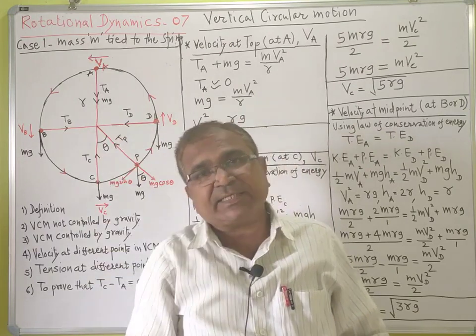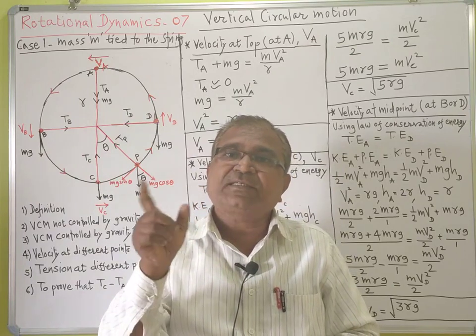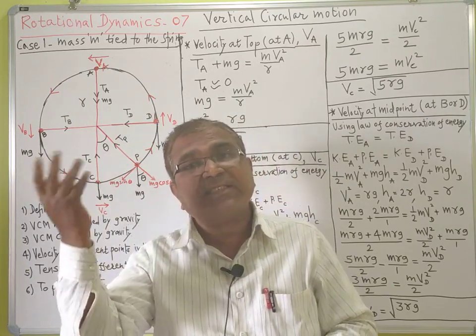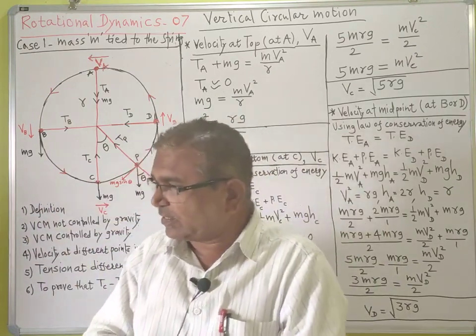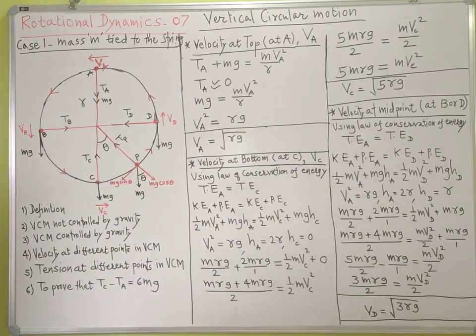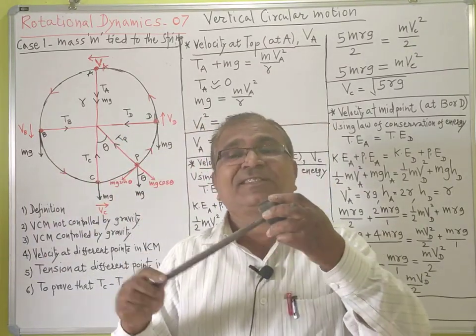And in case number two, we have to learn mass tied to the rod. That is case two, which we want to learn in the next lecture. So what is that situation? Dear guys, I have taken this device from the kitchen.